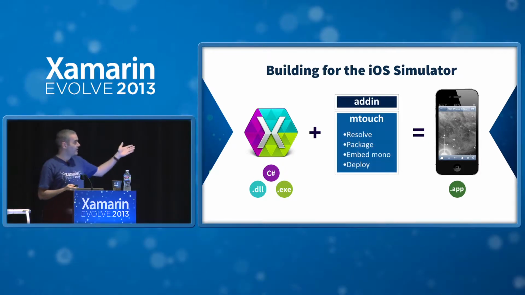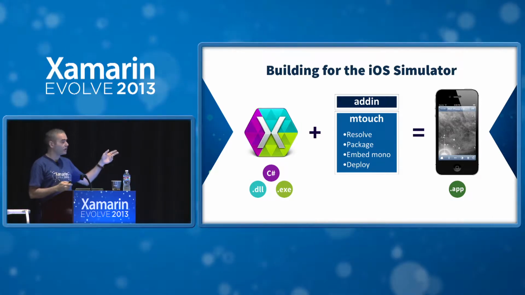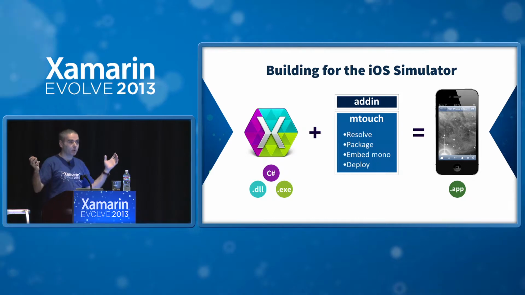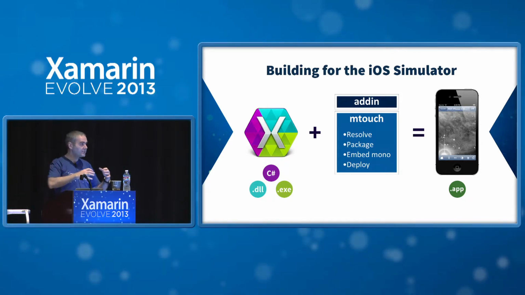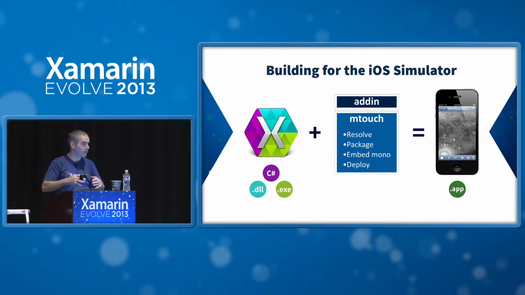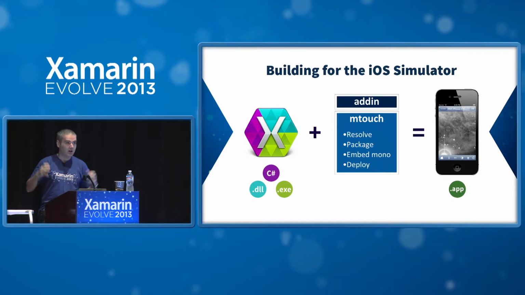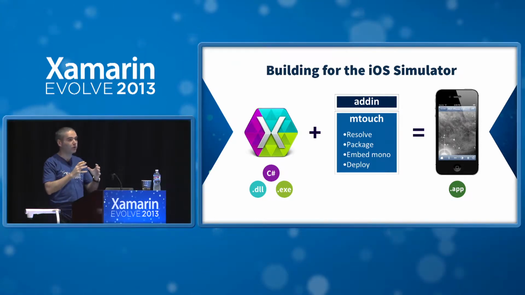Well, you need an add-in that will reside inside your IDE and work in concert with the MTouch command line tool. Together, they will package your application, your managed dependencies, your native dependencies, your data, the mono runtime, all together inside a single application bundle. That application bundle will be deployed and executed from the simulator.